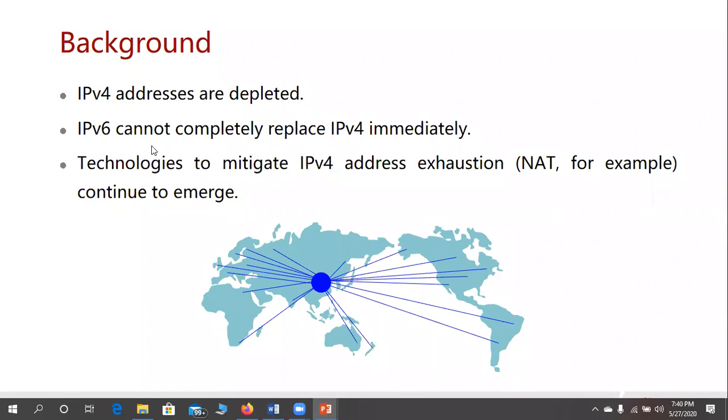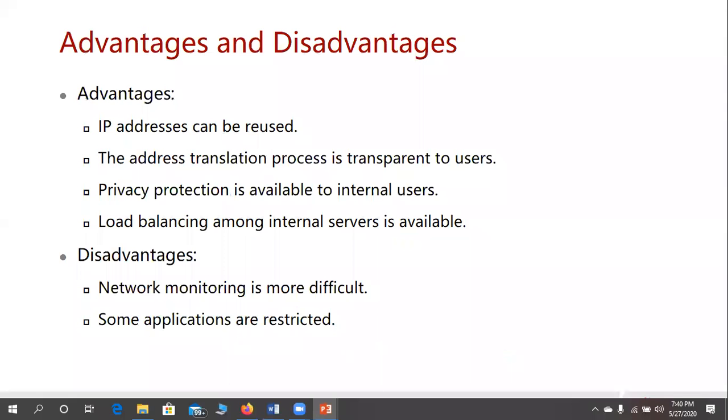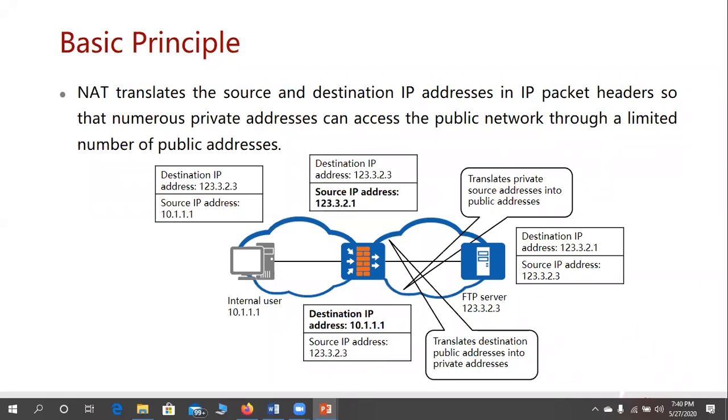And of course, they came up with IPv6 addresses, but we couldn't replace IPv4 immediately. It has to be a process. Therefore, they came up with NAT, which allows the same IP address to be used by so many organizations. And these are private addresses.